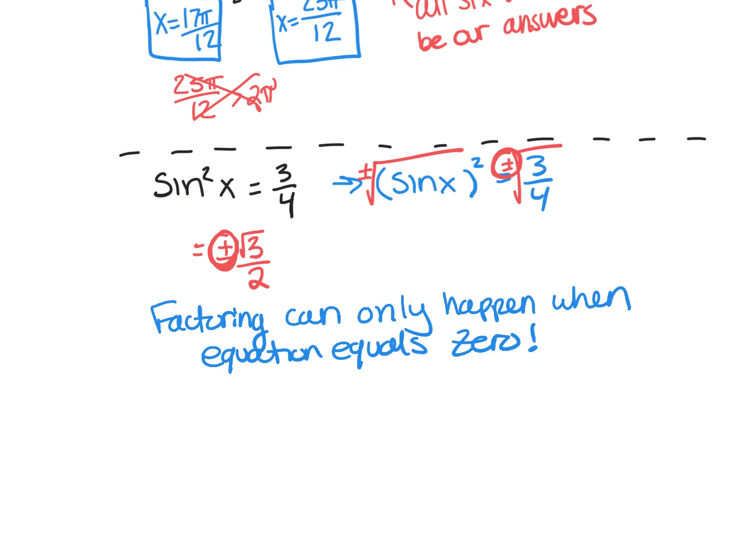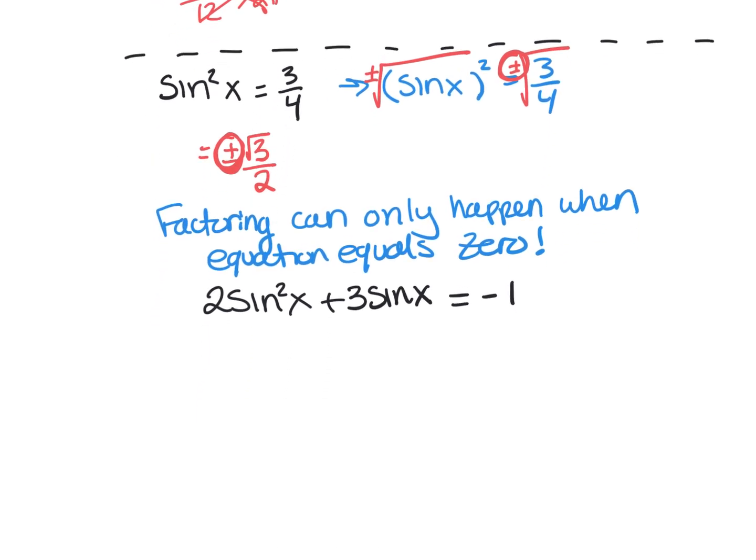So for example, if we had 2 sine squared of x plus 3 sine of x equals -1, and we wanted to factor that, you cannot just take a sine out of these two terms because you cannot factor until our equation equals 0. So we'd have to add 1 to both sides first. And then we can factor.